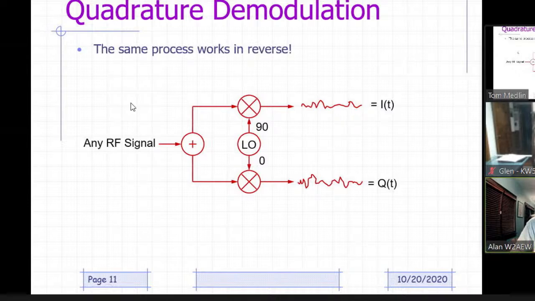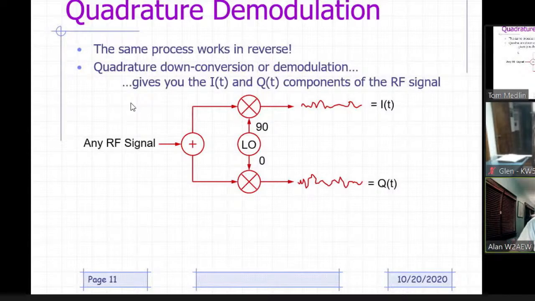And this is what happens inside of a software-defined receiver, where the RF signal coming in is sometimes down converted to some IF. Ultimately, what's done is a digital down converter or quadrature down convert to I and Q data. Okay, and you get these I and Q waveforms versus time.